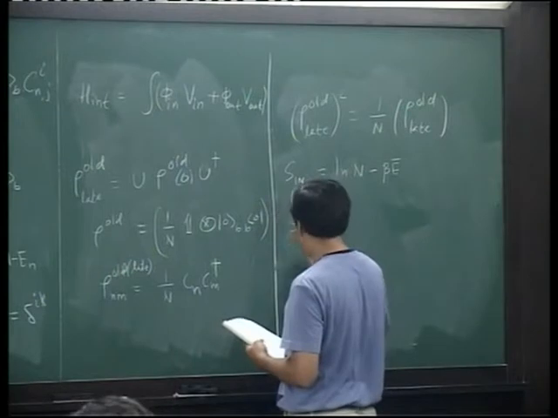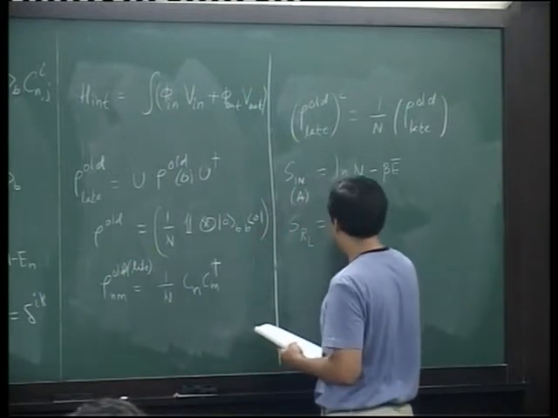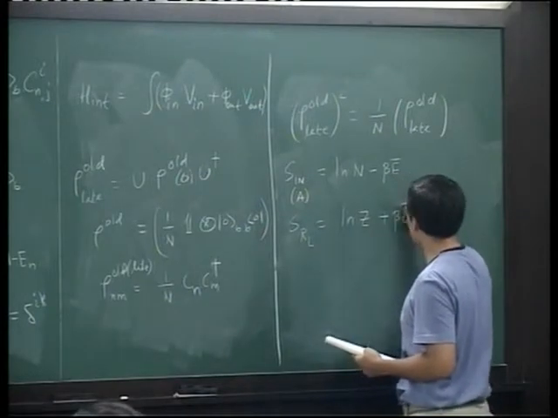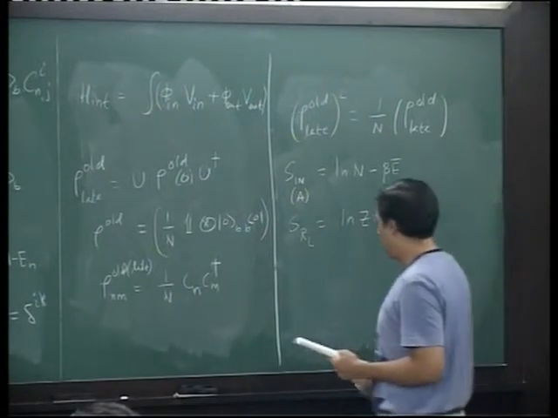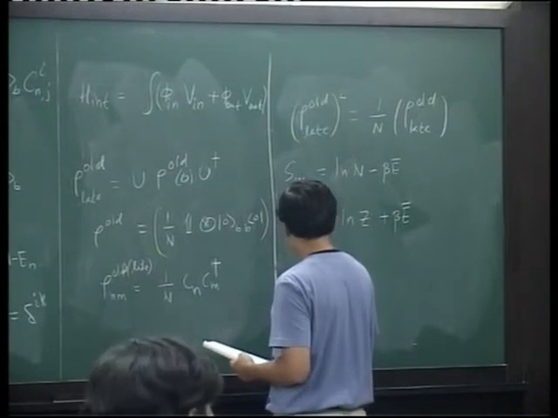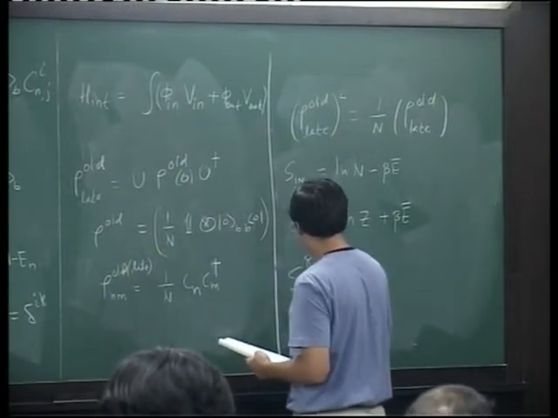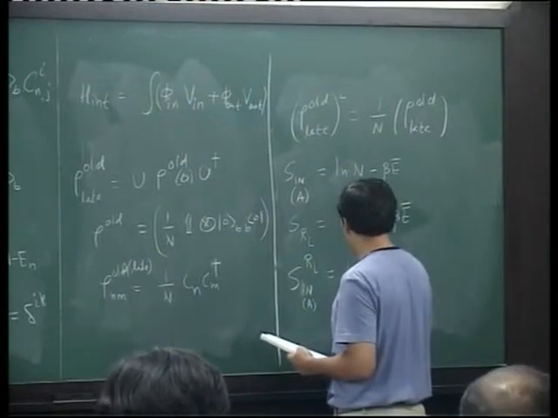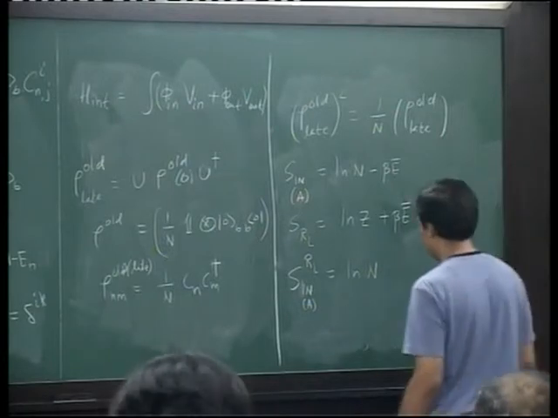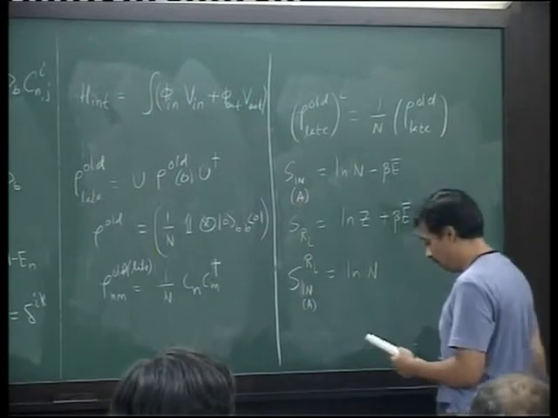S of late radiation is log of Z plus beta E bar. Okay. And the mutual information, S of A R_L, this quantity is equal to log of N. Okay. Fine.